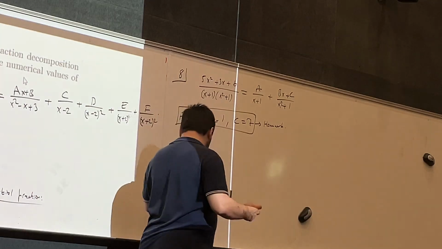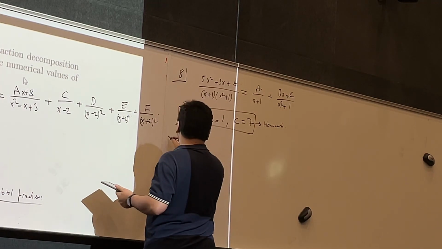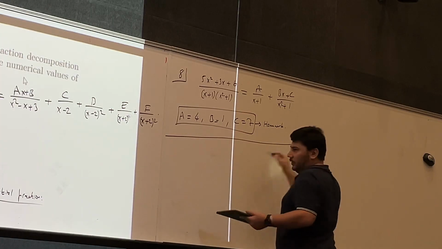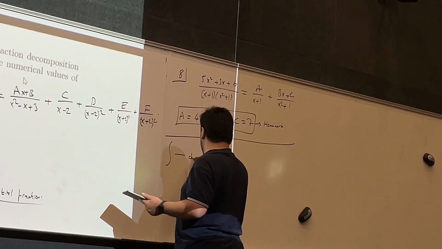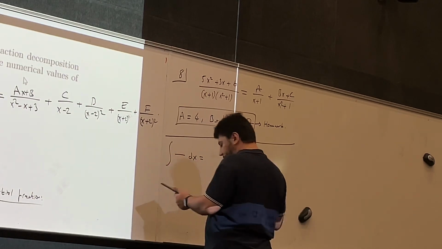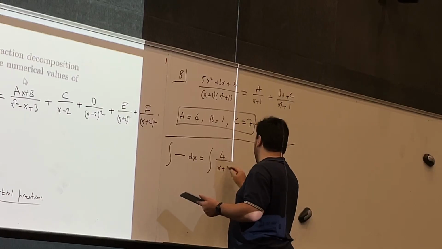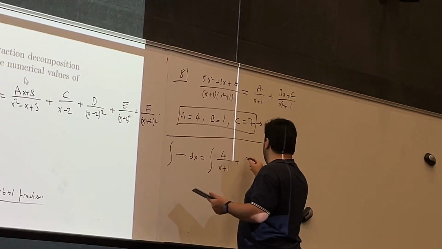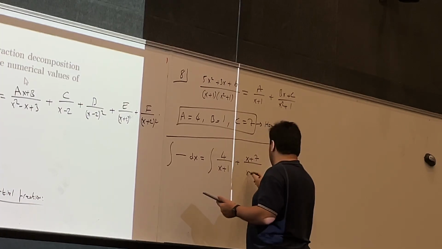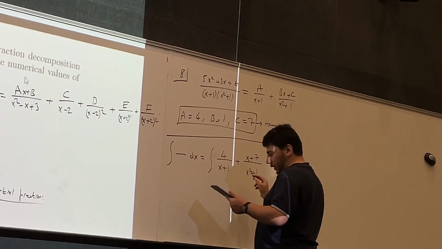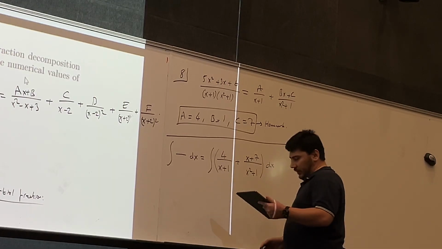So, therefore, the original integral becomes the integral of 4 over x plus 1 plus x plus 7 over x squared plus 1 dx.